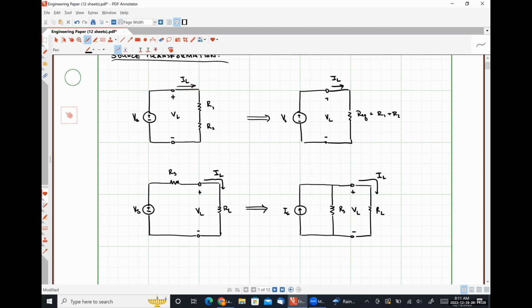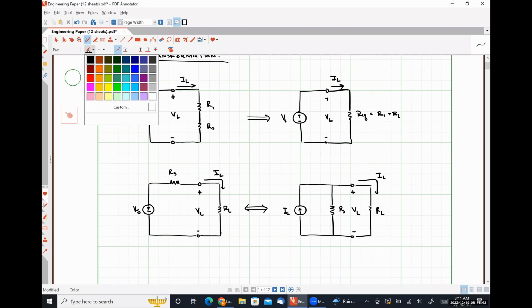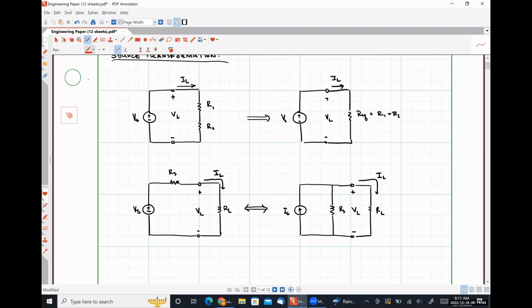And so what we're going to do is explore under what conditions these two networks are electrically equivalent. But the first thing that I want to do is introduce a new term to you guys.